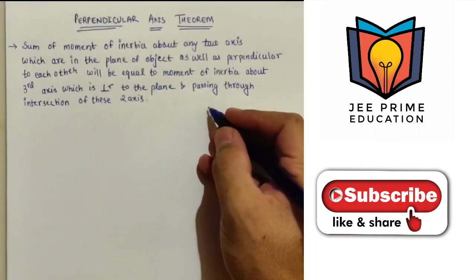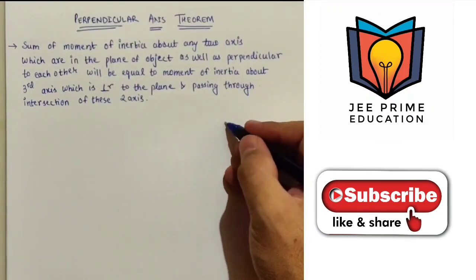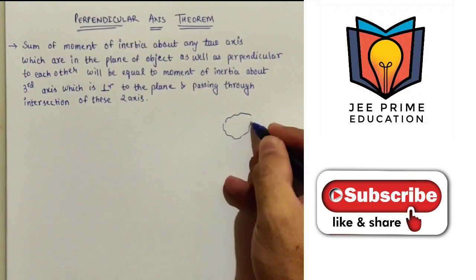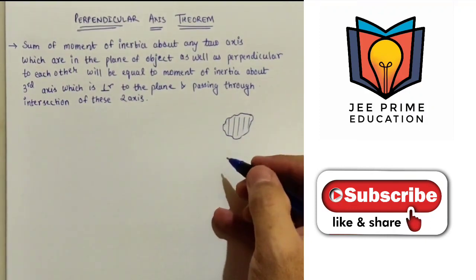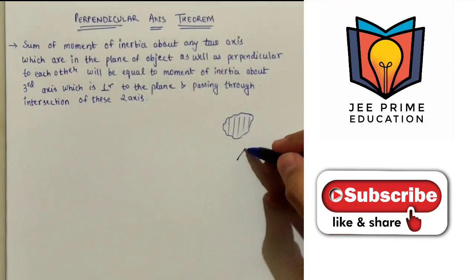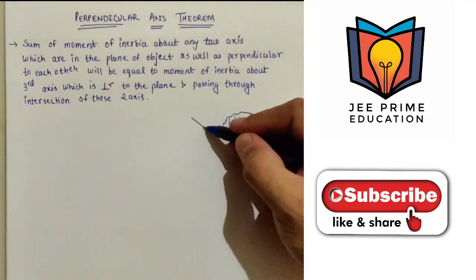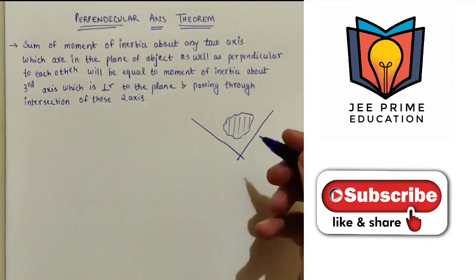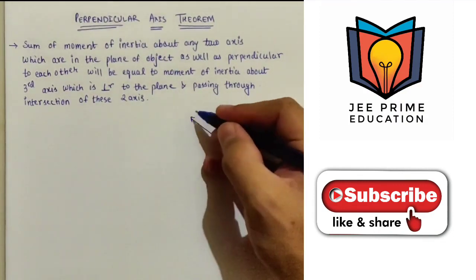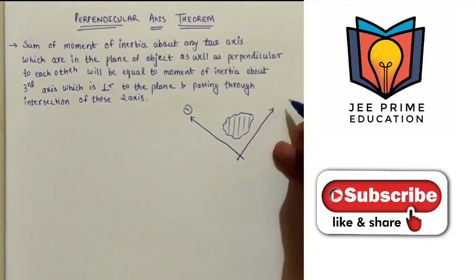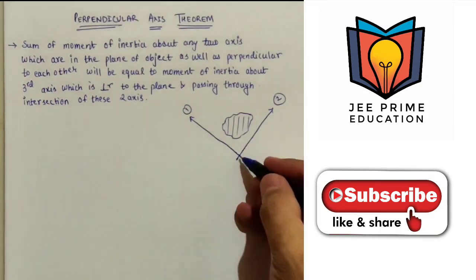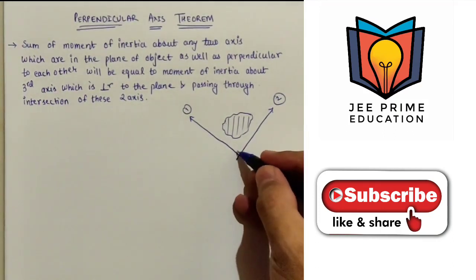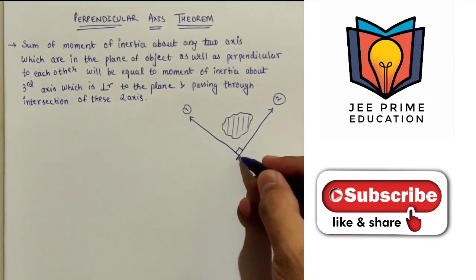Now, if I have an object such as this planar object and I have these two axes, this and this. This I named as 1 and this I name as 2. So, the moment of inertia and these two axes are perpendicular.